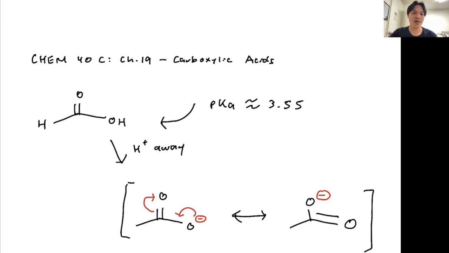So your first chapter in 40C will be on carboxylic acids, right? You might have covered this with your 40B teacher, depending on how fast you all were. But it's usually in conjunction with 40B because if you remember, go back a few years or last quarter, depending on when you took it, you learn about carbonyls, right? And carbonyls were these compounds with a carbon that is double bonded to an oxygen, right?